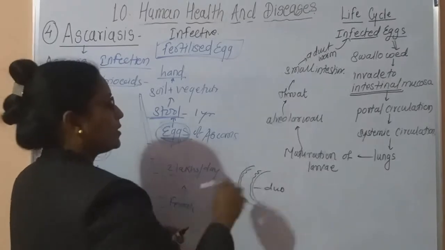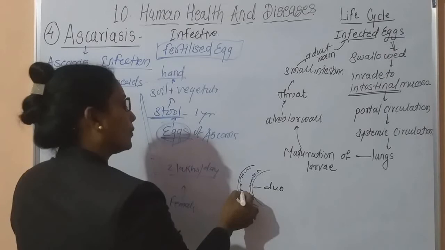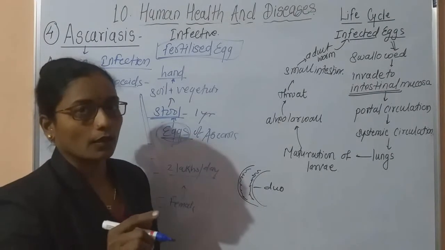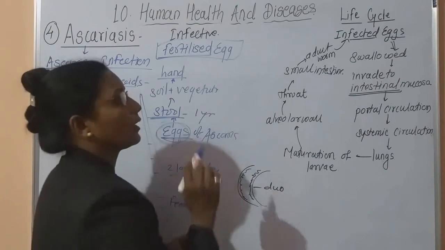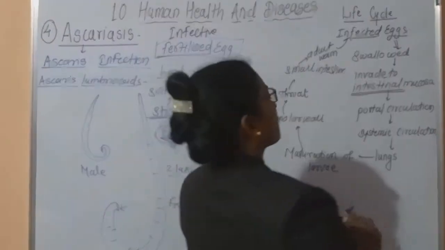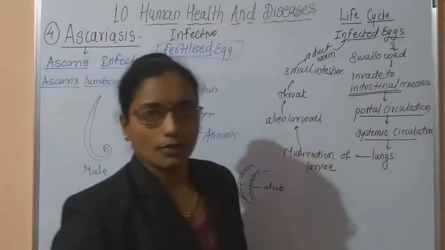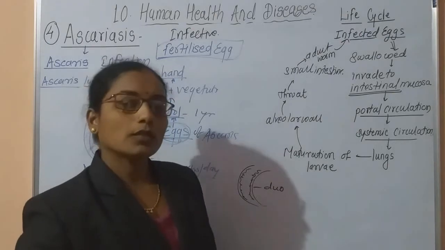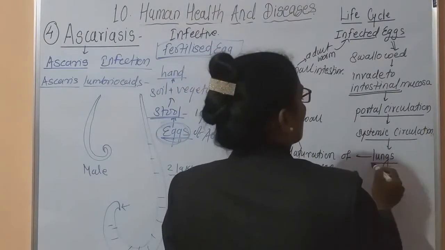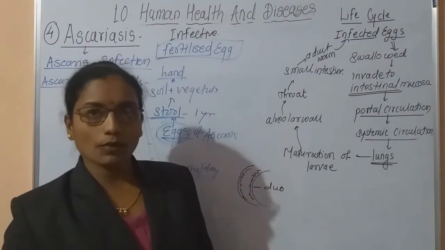Inside this mucosa, the worm develops from these eggs, because eggs consist of an embryo, and these develop into the newly born Ascaris. These Ascaris enter the portal and systemic circulation, means our blood flow. These Ascaris sometimes go to our lungs, because blood supply reaches every part of the body.